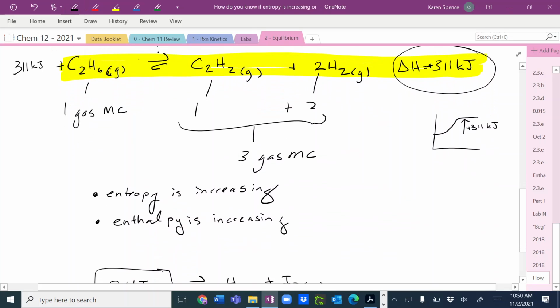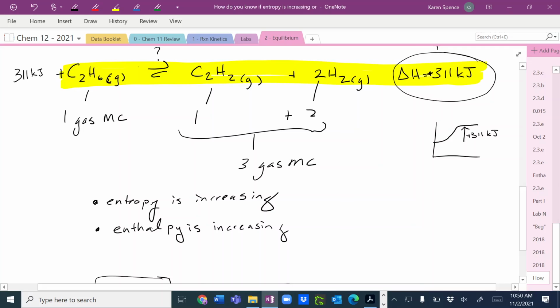Now, which side does entropy favor? And remember, entropy is symbolized by the letter S. Does nature want entropy to be high or low?